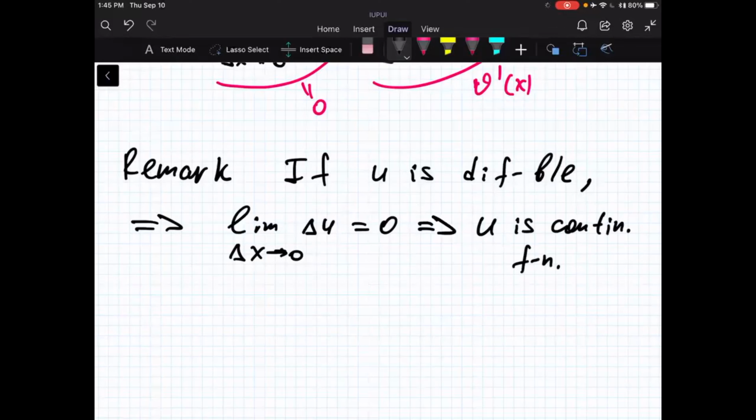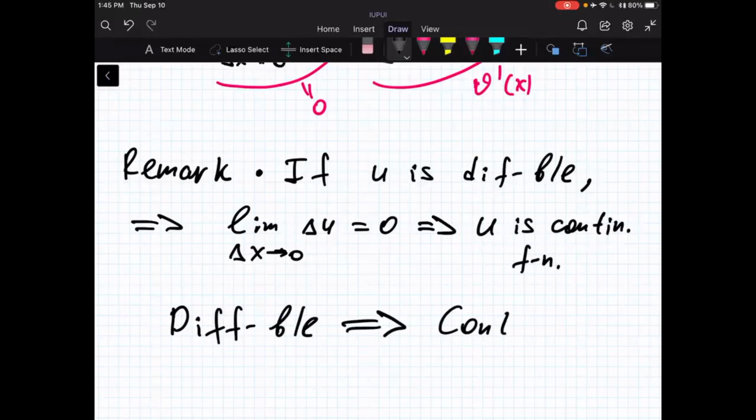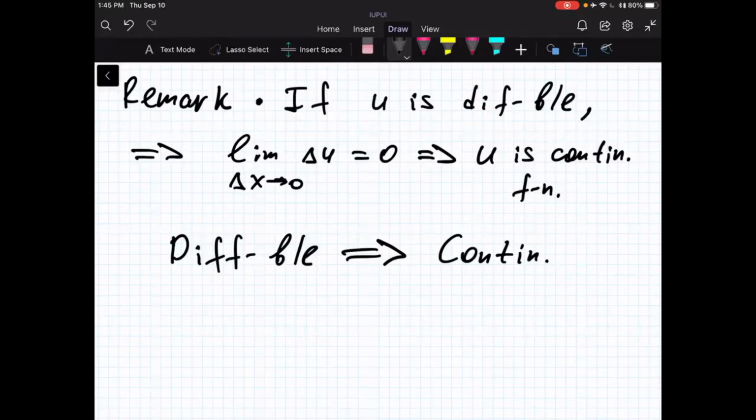Other way around, it's not true. So there is kind of first remark: differentiable implies continuous. But it's not true the other way around.